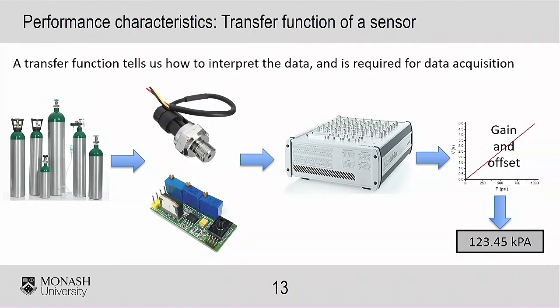So if you think about this line, this is a straight line, so we can just apply y equals mx plus c, where c is the y-intercept. The offset would be the y-intercept. The gain is just the slope of the line. Very, very simple. And then you apply this transfer function, and then you can get it back to a pressure to display on your screen, on your clinical monitor, whatever it is.